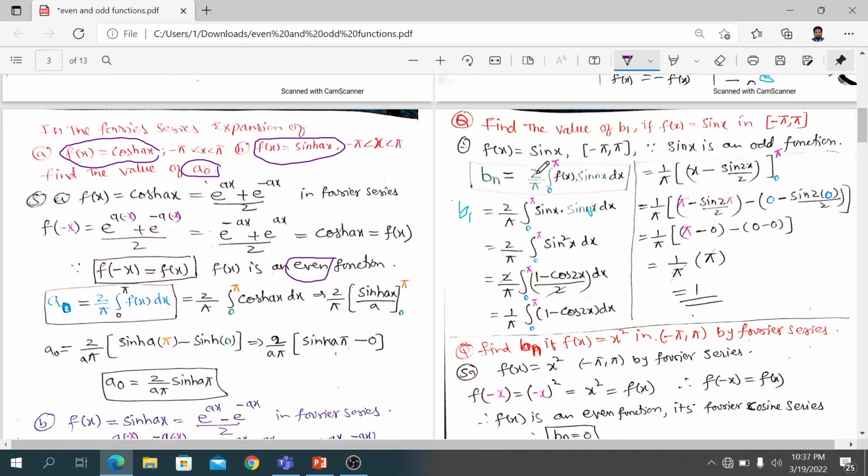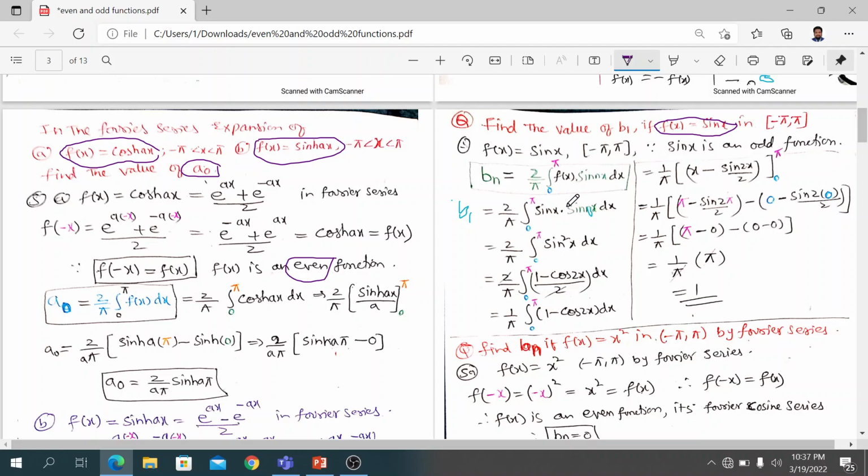So the bn formula is 2 by pi integration 0 to pi f of x sin nx dx. But our problem is b1, so the n value is 1. So 2 by pi integration 0 to pi f of x, that is sin x, into sin nx, where n is 1, so sin x.